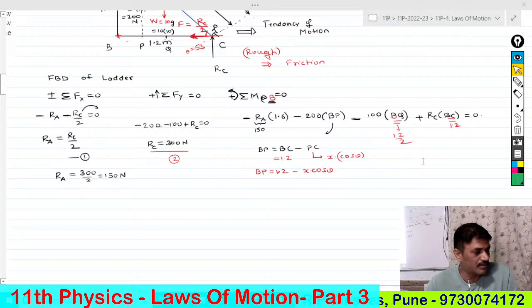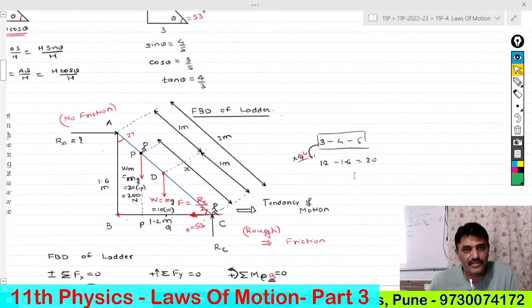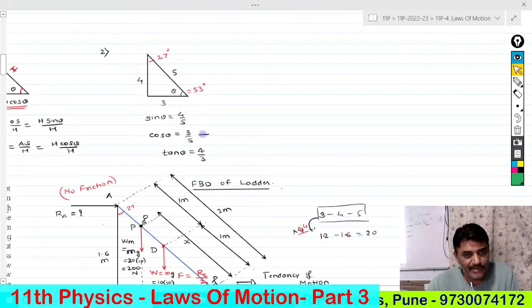ये क्या बन जाएगा? This will give me RA is minus 150 into 1.6 minus 200 into 1.2 minus x times what is cos theta that we have seen here? Cos theta is equal to 3 by 5.